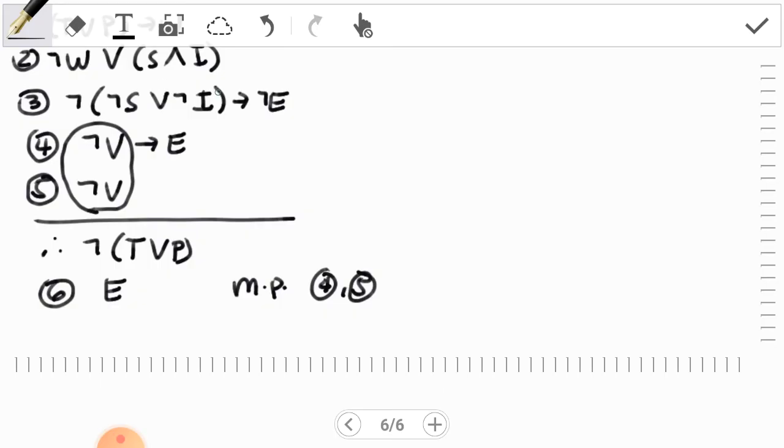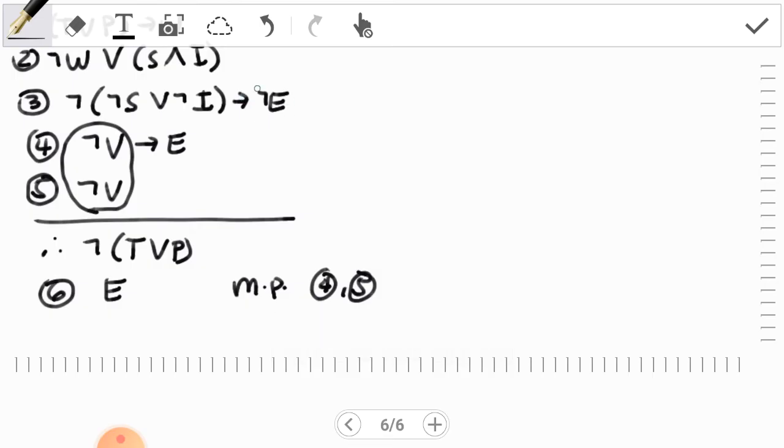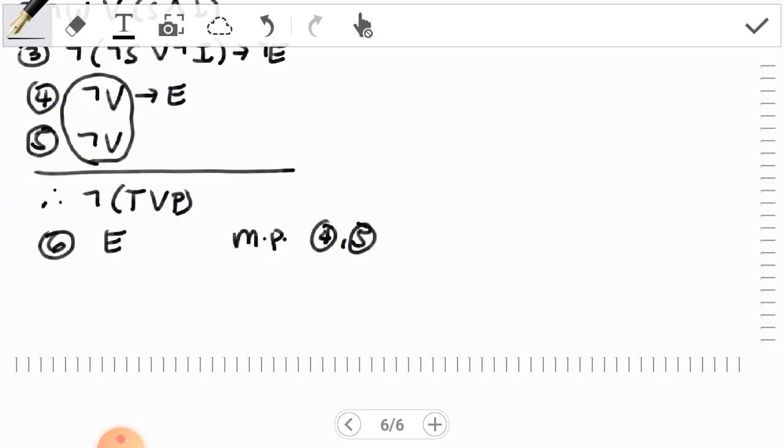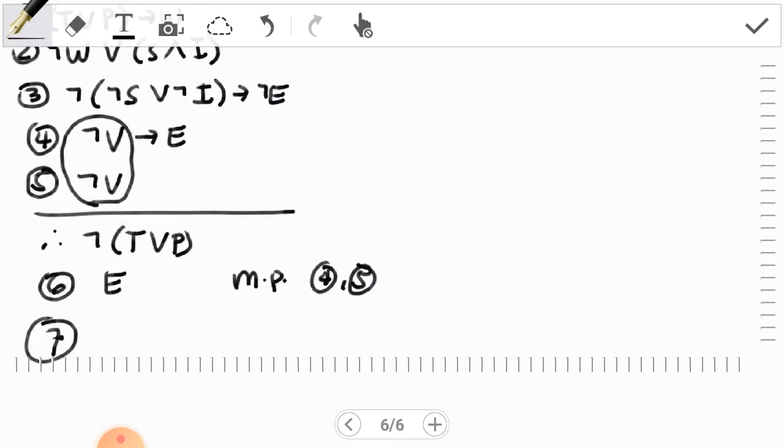Modus tollens states that P implies Q, not Q, therefore not P. Modus tollens. Go to your modus tollens. Again, your modus tollens states that P implies Q, not Q, therefore your conclusion is not P, or the negation of this first premise.